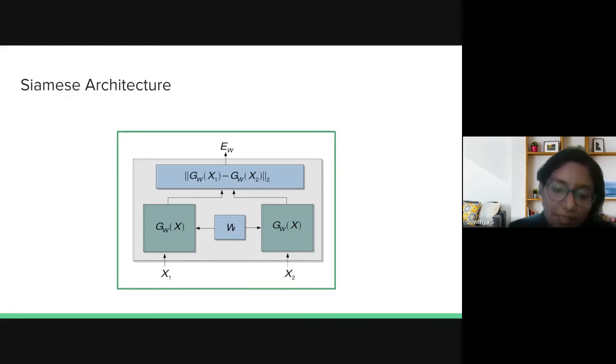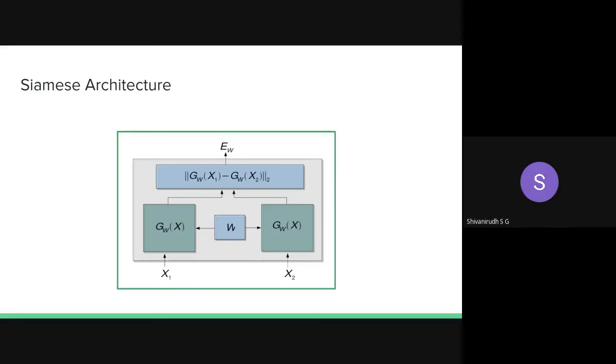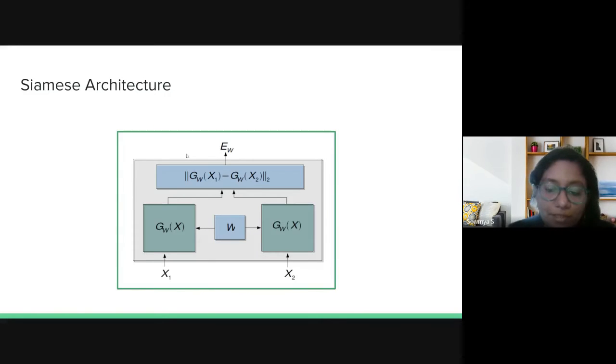We want to say that x1 and x2 are represented in the same way. It's just that the distance between them is different. In the sense, the weights are the same, and it's a function of whether it is x1 or x2. And we get the distance between them. Any questions till now? No, ma'am. Okay, thank you.